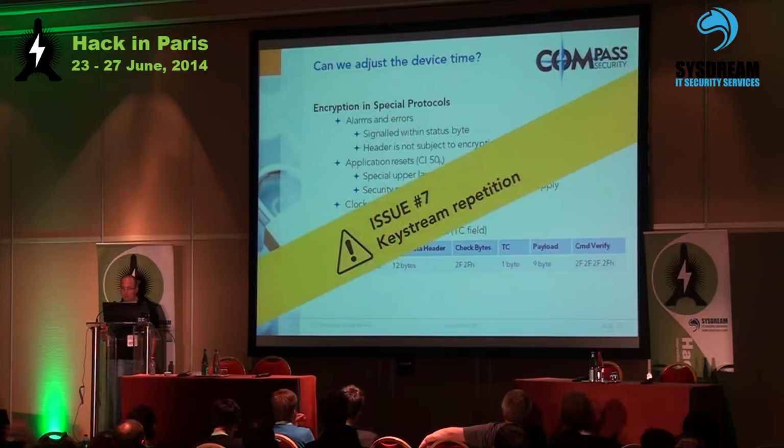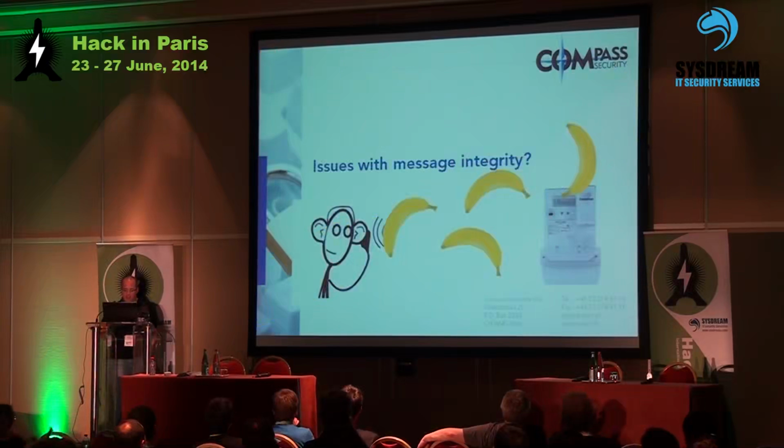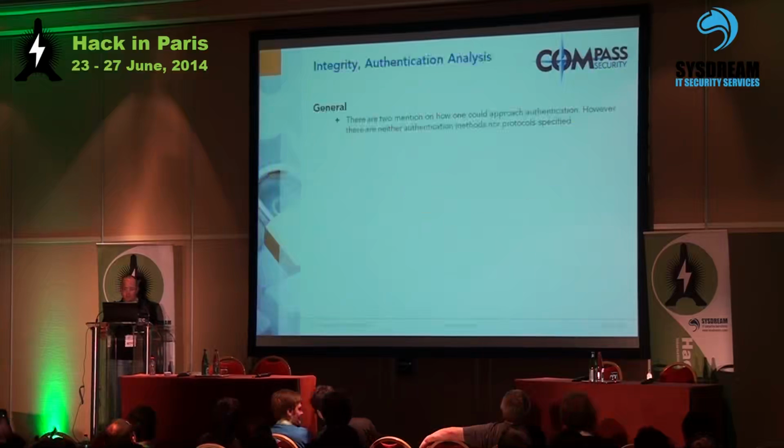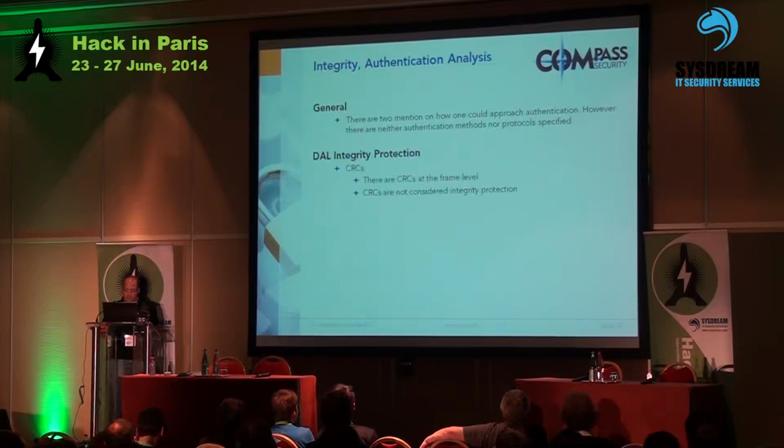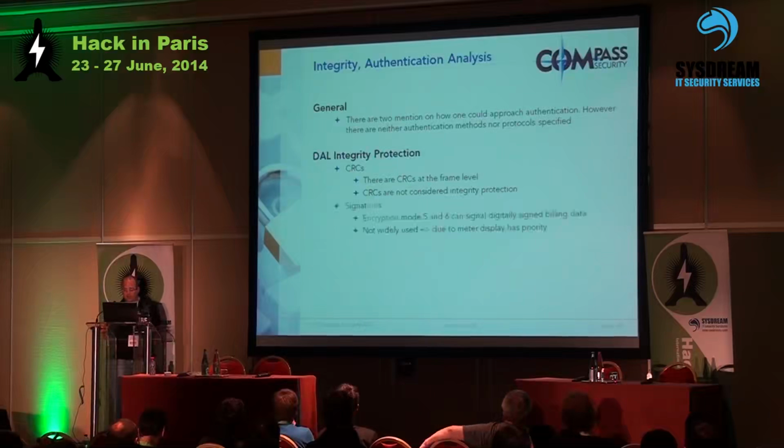There is some integrity protection using these CRCs at the frame level, and they propose to use signatures for consumption values, but actually it's a sentence or two, a mention in the standard. There are no MACs yet. So basically that means there's no integrity protection.